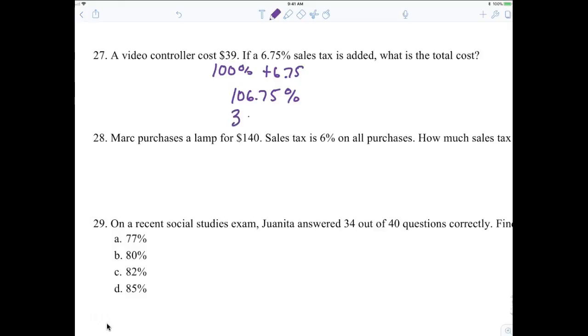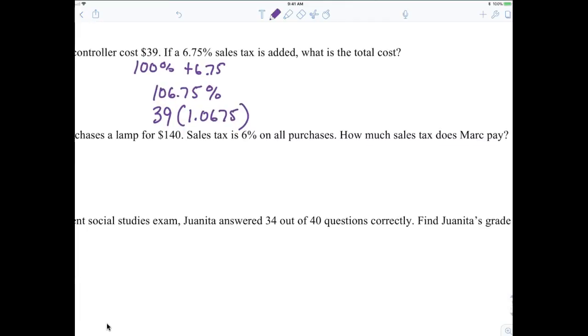Right. $39 is what you have to pay if you wanted to pay just 100%, but you're not allowed to just pay 100%. You have to pay 39 times 1.0675. And what is 39 times 1.0675?